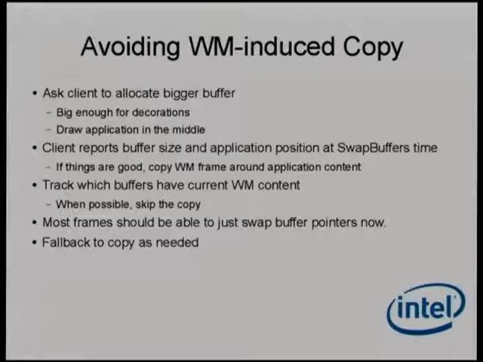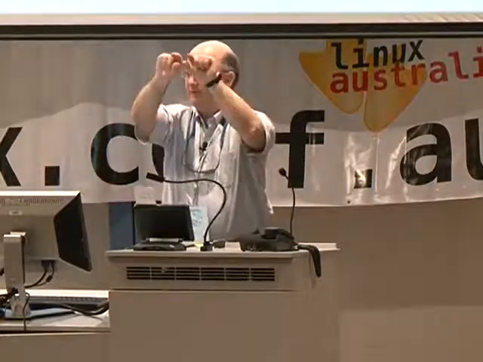If the application has put its contents in the right spot in this buffer, and there's enough space around the outside for the window decorations, we're going to take all the window decorations and just copy them around, kind of draw them around the application. And now we have a window that has the application contents and the window manager contents, and we didn't have to copy those application contents.